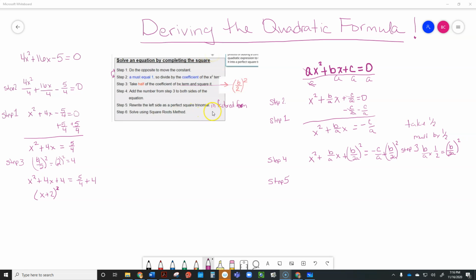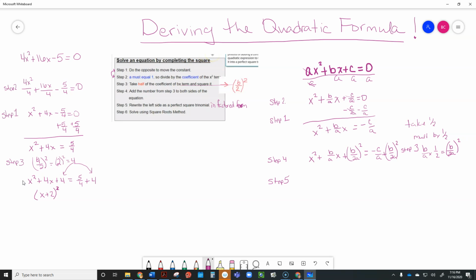Step number 5, I altered what she wrote just a little bit. She said, rewrite the left side as a perfect square trinomial. I wanted to add in factored form because as we were working this problem over here, remember I took half of this middle term, half of 4 is 2, and I squared it. So 4 is what went right here and what went right here. This is a perfect square trinomial.